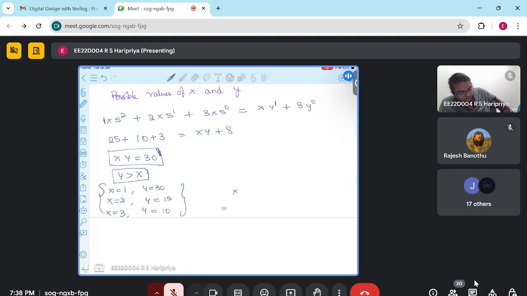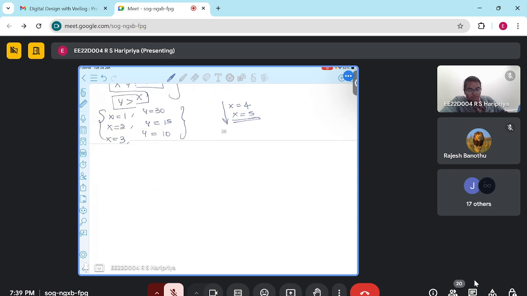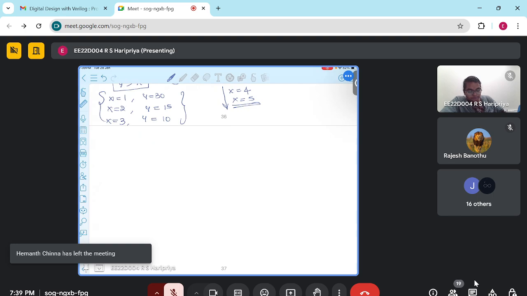Next is x is 5. Is it possible? X is equal to 4. These two equations should be satisfied. Okay, so the next question.